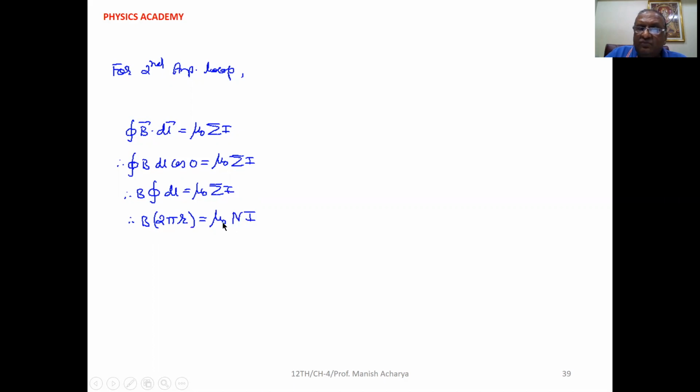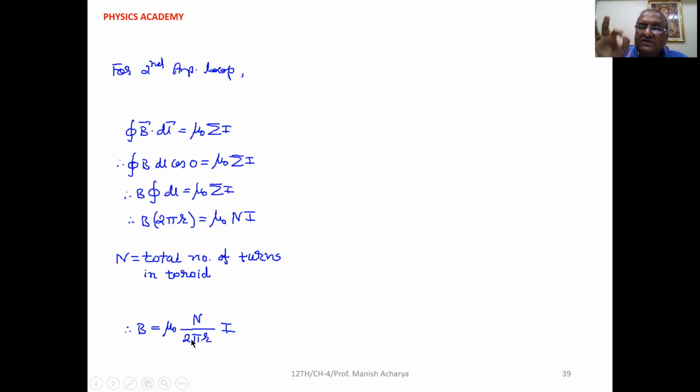Now take this 2 pi r to the right hand side. So here N upon 2 pi r is the total number of turns divided by the total length over which these turns are distributed. That gives the number of turns per unit length.